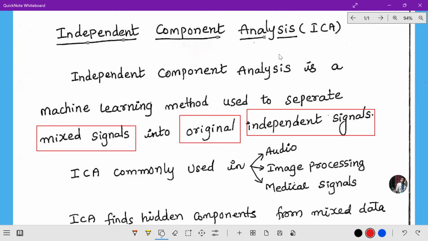Independent component analysis, in short, we call ICA. The purpose is to separate mixed signals into independent signals. Let us say there are 5 or 6 different signals. When they are mixed, they are separated by independent component analysis.